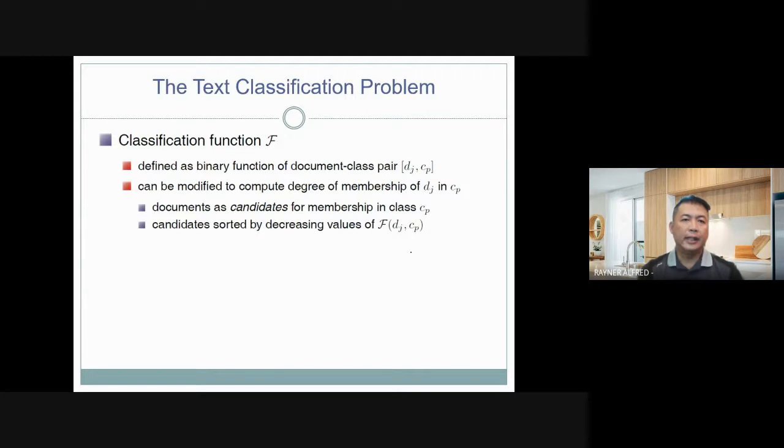and for the classification function, we define it as a binary function of document. So remember that this one is the document, this is the class. We could also modify it to compute the degree of membership. So there is another concept in which we can assign the class based on the degree of membership.